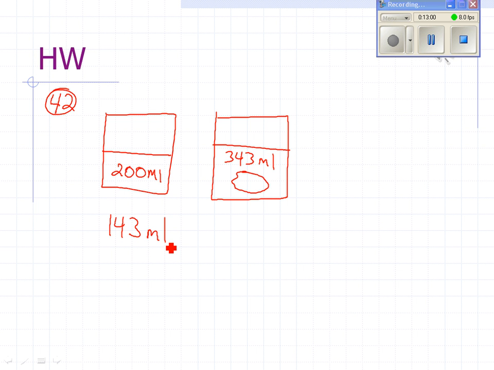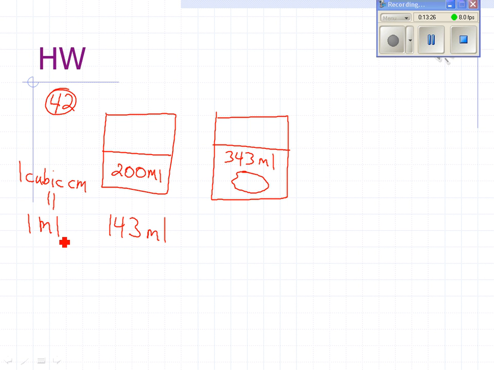It said, let's see, 1 cubic centimeter is submerged in water. The water level rises 1 milliliter. So for every 1 cubic centimeter, that equals 1 milliliter.